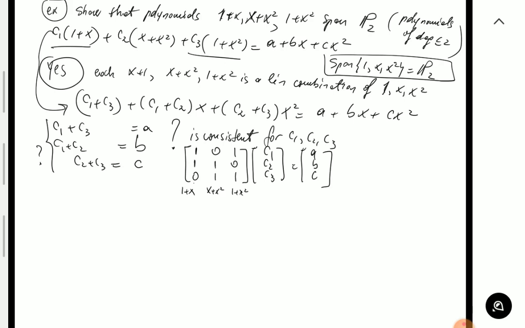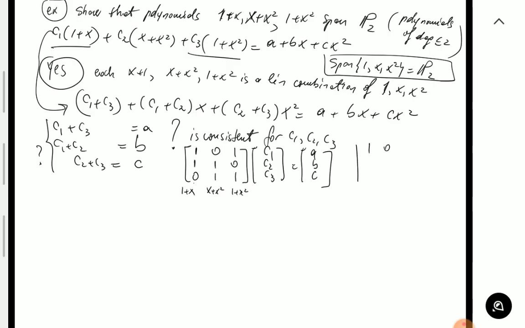So to say that a set of polynomials spans P2 is the same as looking at the span of the vectors formed by their coefficients and asking whether it spans R3. So P2 in some sense is essentially analogous to R3 if you look at the coefficients of those polynomials. The answer is yes in this case.